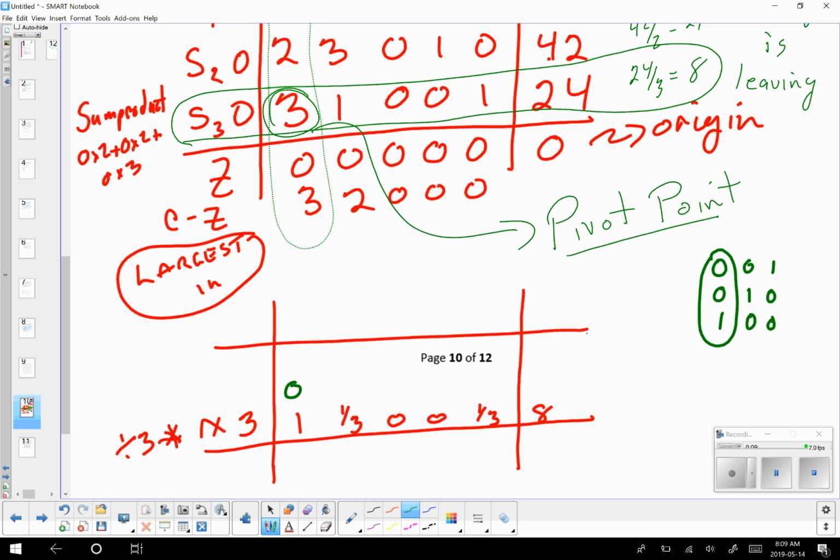So I'm going to do it by some combination of my special line, the one I put the star in. So it's a 2. So I'm going to be doing S2 minus 2 times my special line. That must give me a 0.